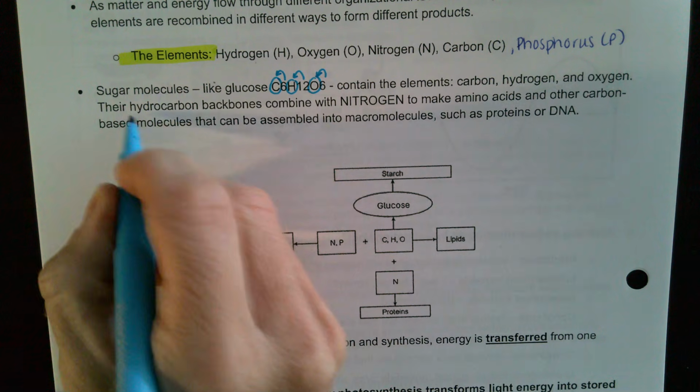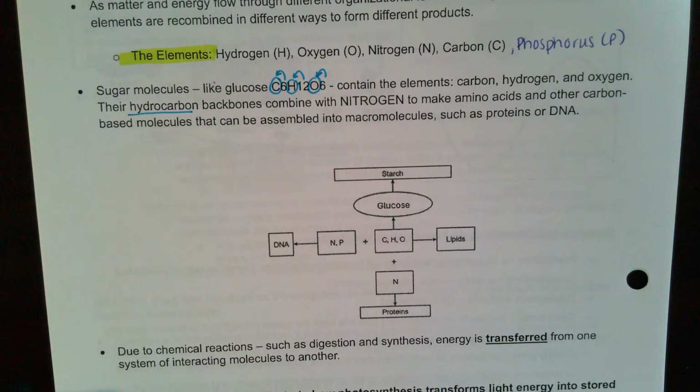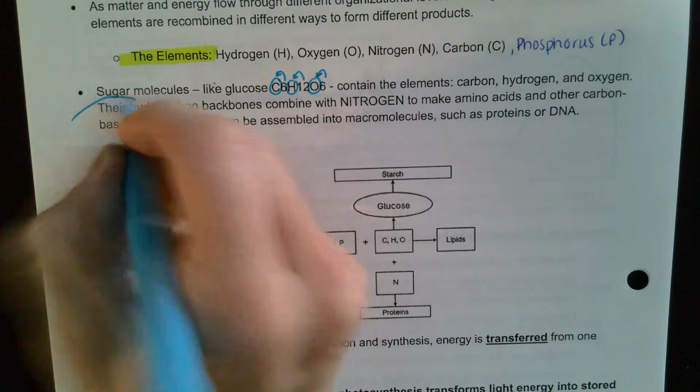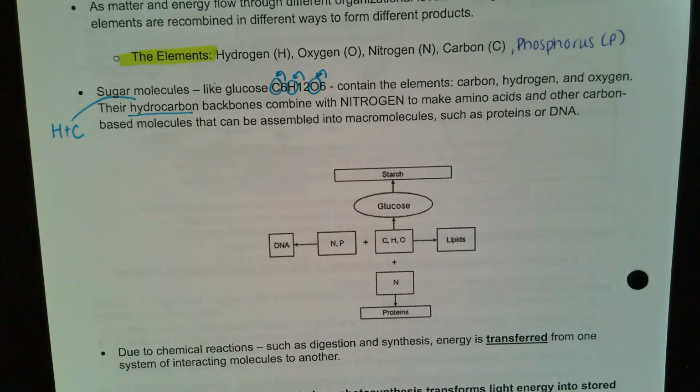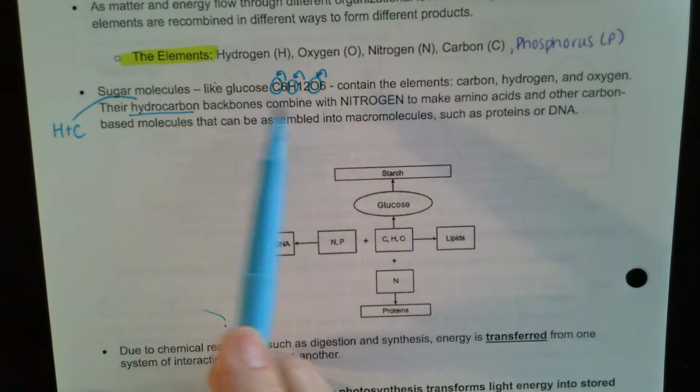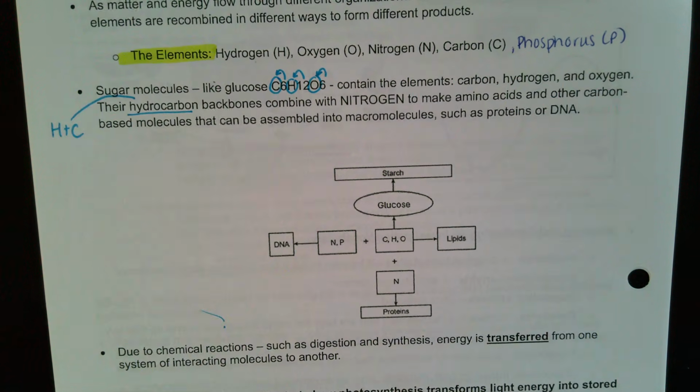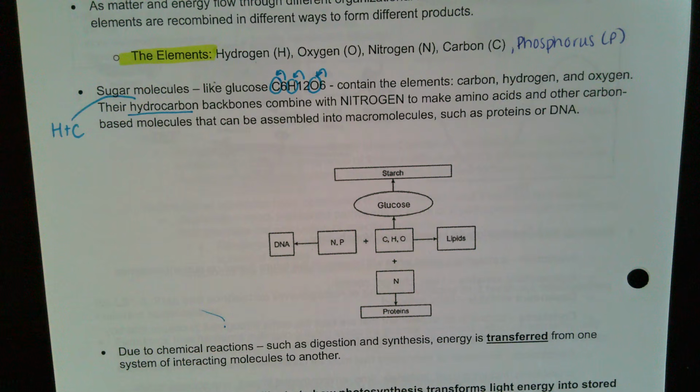Here it talks about hydrocarbon backbone. Hydrocarbon backbone, the hydro is referring to hydrogen, and then the carbon is referring to, well, carbon. So we have hydrogen and carbon. If I take my carbon, hydrogen, and oxygen, and I rearrange them, and then I combine them with nitrogen, I would have made an amino acid.